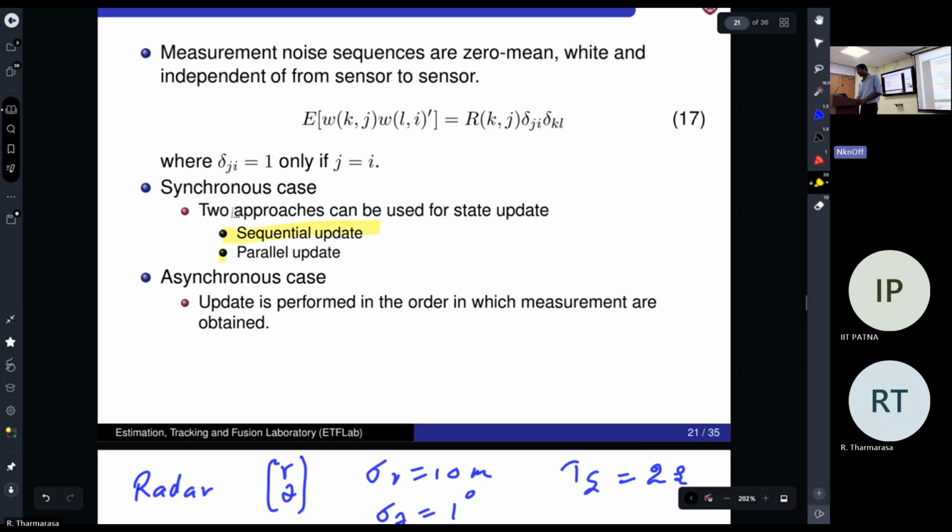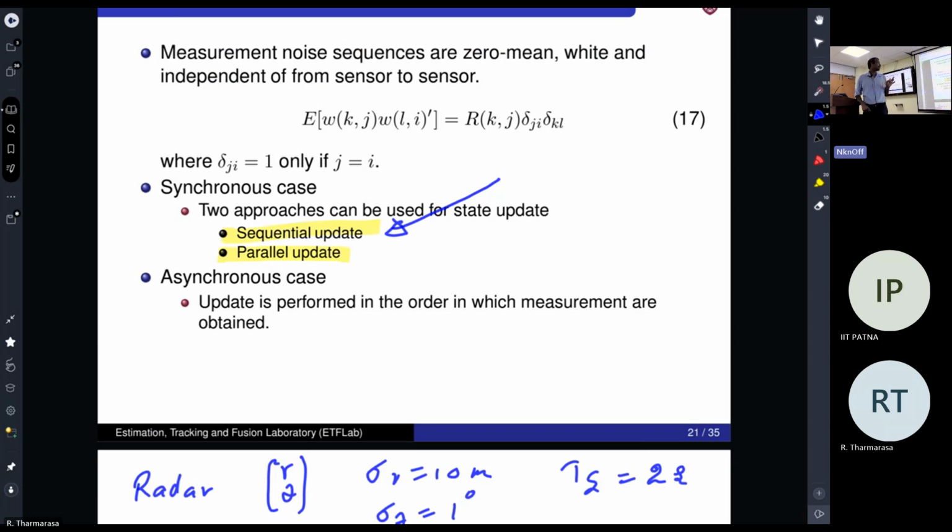One is sequential update, the other one is parallel update. I will explain both of them, but I always use sequential update. I would recommend you to consider sequential update. Parallel update has some benefit, but it can be used only in certain cases, not always.